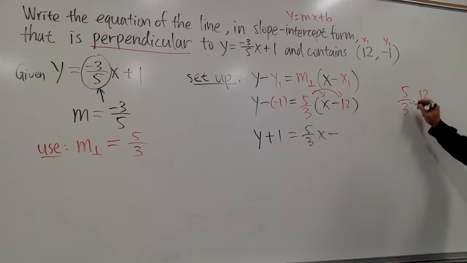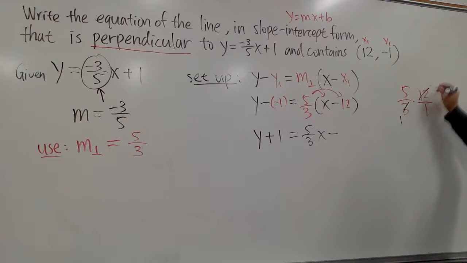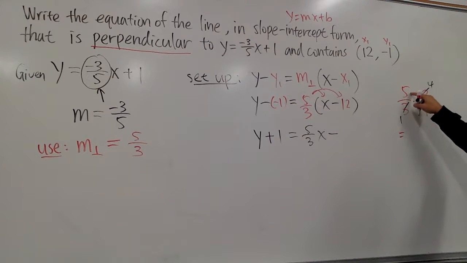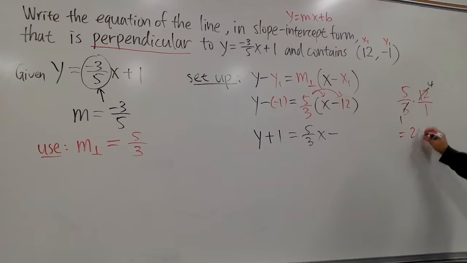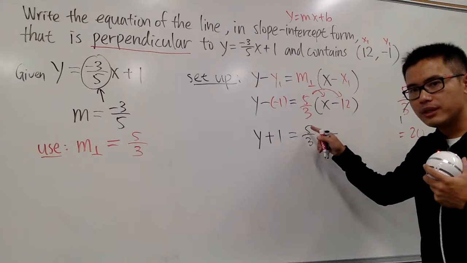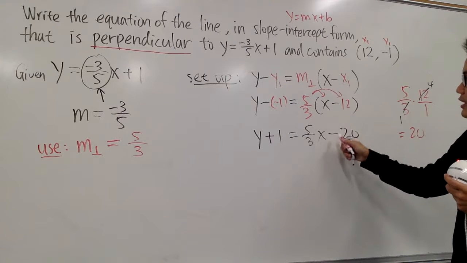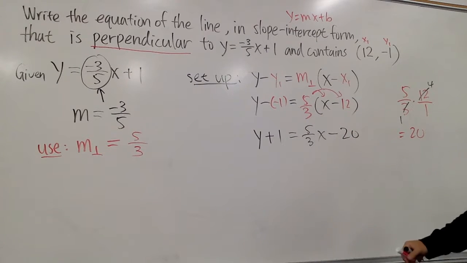You see that 3 goes into 3 one time, and 3 goes into 12 4 times. And then 5 times 4 is 20 over 1 times 1, which is over 1. Anyway, 5 over 3 times 12 is 20. And it's a minus 20 because positive times negative is minus, like this.